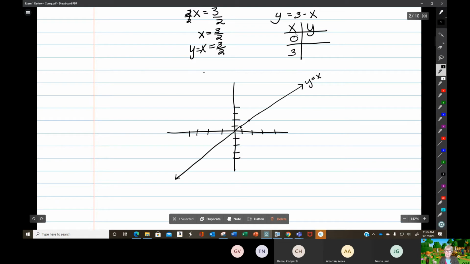How about that? If x is 0, you'll have 3 minus 0, which is 3. And if x is 3, you'll have 3 minus 3, which is 0. So 0, 3 is right here. 3, 0 is right here. Notice they're both solid lines.